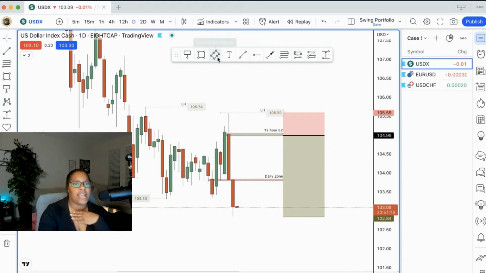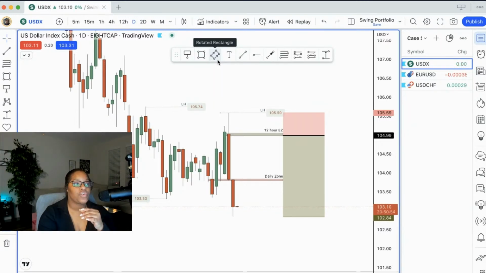Okay. The next tool that I use, and I don't use this tool a lot, is the diagonal rectangle or the rotated rectangle. I like to use this to find or define what the market condition is. Now, I'm going to say this: a lot of traders don't talk about market conditions. I like to talk about market conditions as trend, high volatility, low volatility.